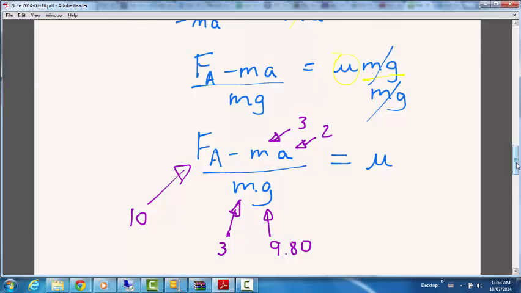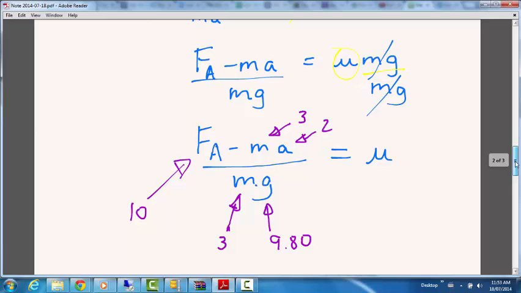The mass is 3, acceleration is 2. And of course G is the absolute value, 9.8. Okay, so we can plug all those in.